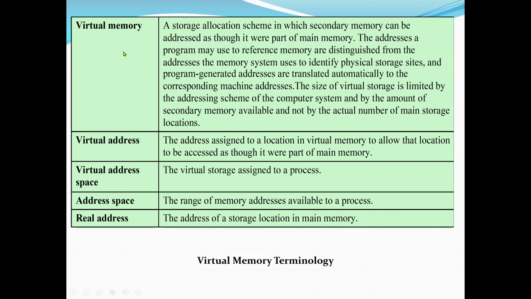As we all know, in a computer system the CPU can only access data and programs from the main memory. So the concept of virtual memory really enhances the efficiency of computation. For example, if the main memory of a computer system is, let's say, 3 megabytes, and I have a program and data which is over 3 megabytes, I cannot run the program or open the data because the memory is not enough.